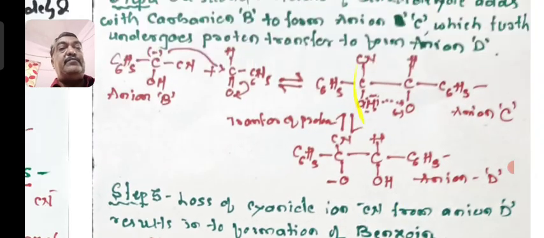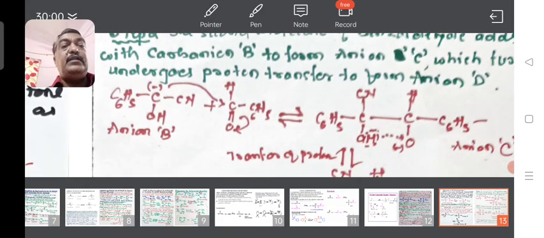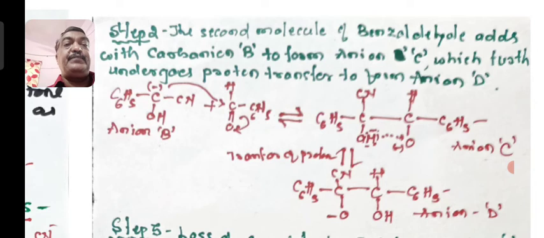In the second step, the anion B comes in contact with another molecule of benzaldehyde, whereby you will get a huge molecule of anion C, C6H5 C CN OH.